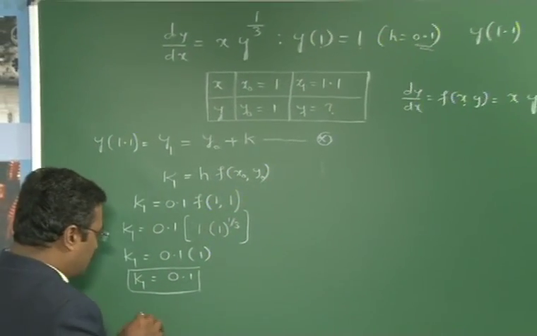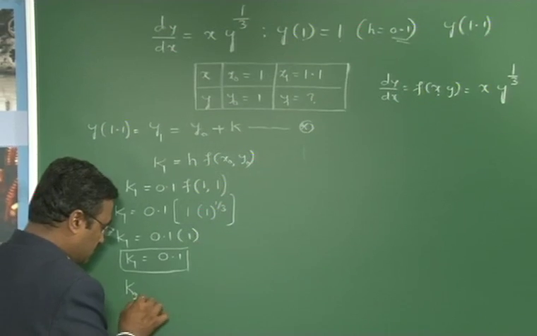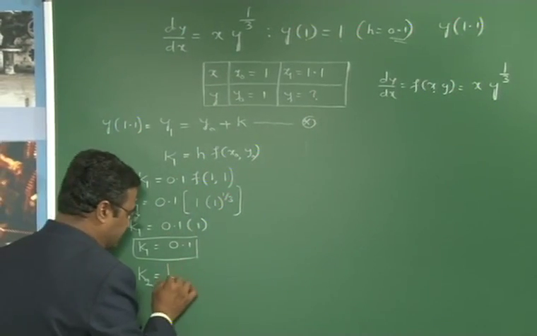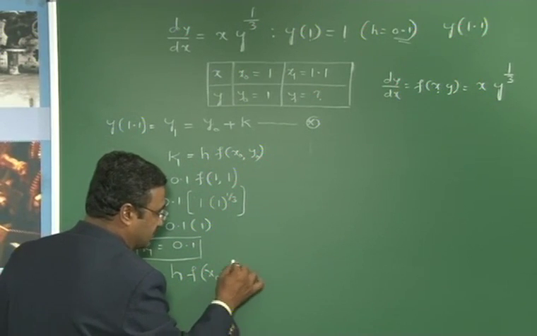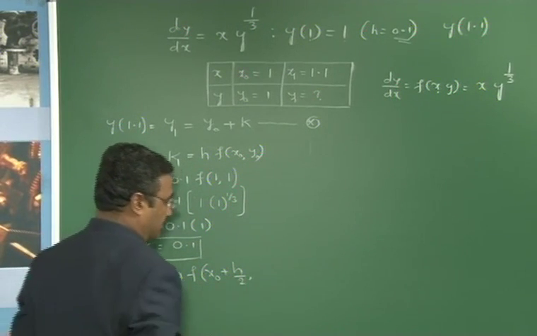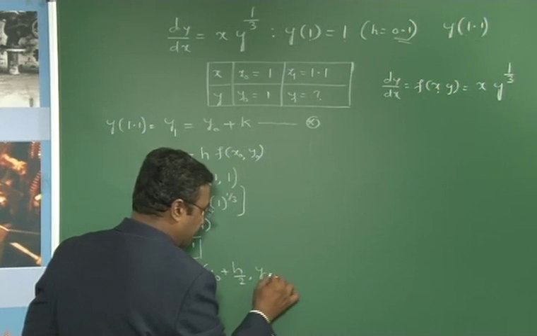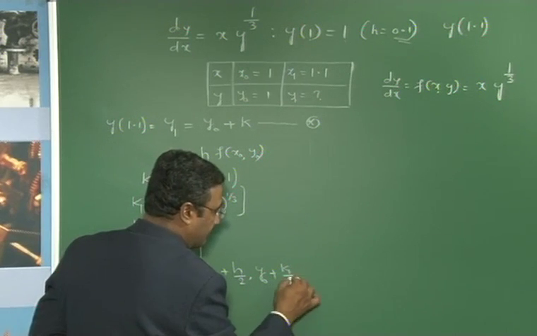Next, we are going to find the value of k2. Again use the formula h into f of x naught plus h by 2, comma, y naught plus k1 by 2.